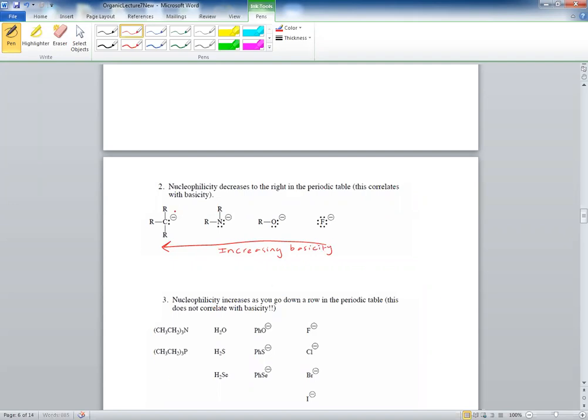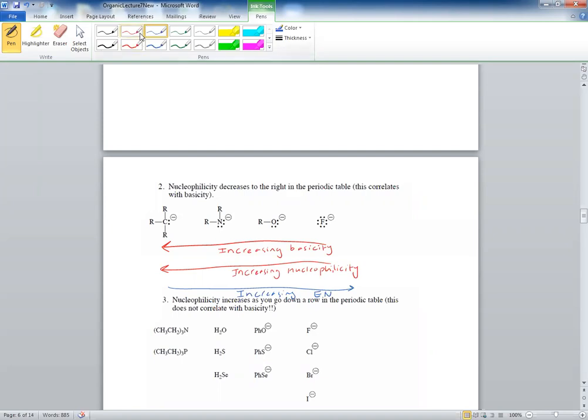So these are very unstable bases, but they make up for it as good nucleophiles, which correlates with increasing nucleophilicity. And of course, this one goes the opposite way, which is an increasing electronegativity. And why is that?